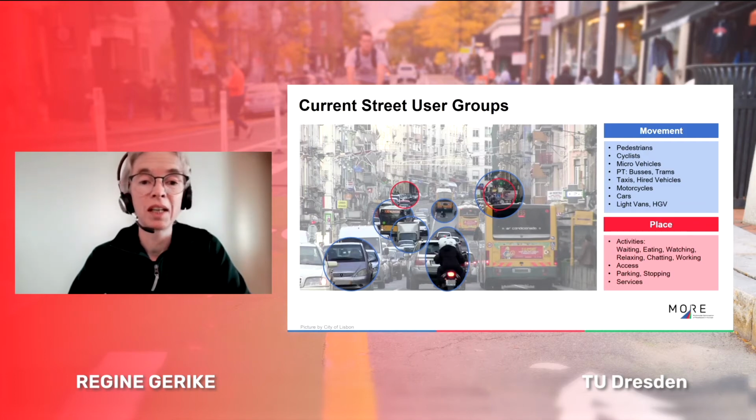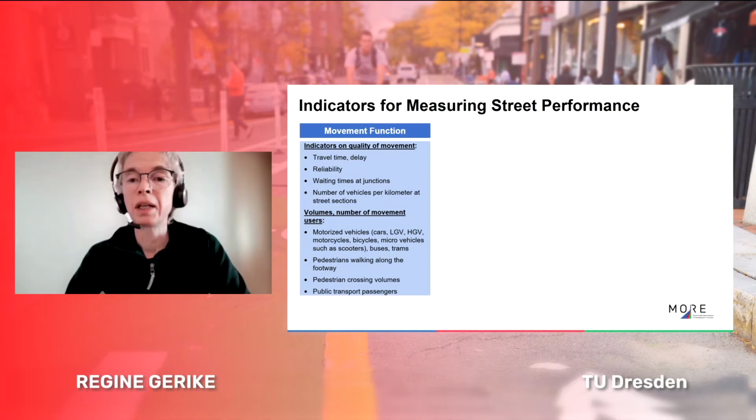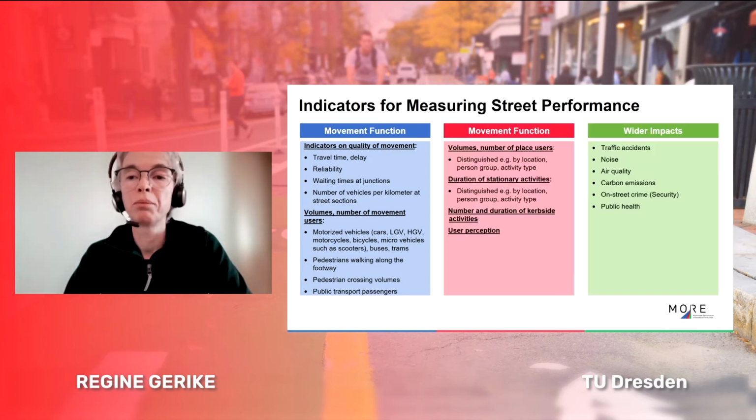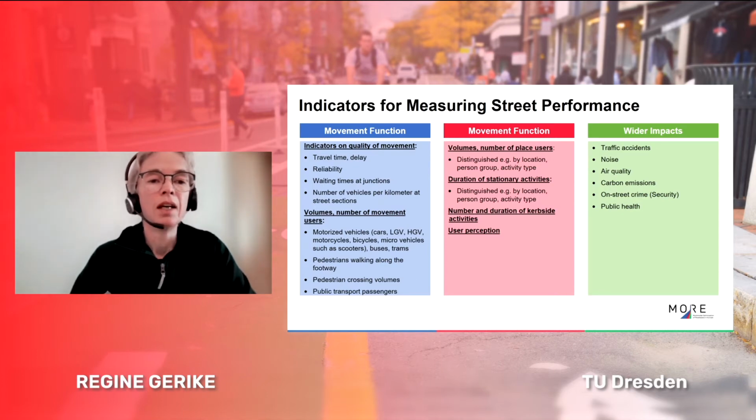And the next slide now shows how do we measure progress towards the different objectives. And we can just show the three pillars at once to save some time. So we have, again, the blue one, the movement function, the red one, this is the place function and not the movement function. And then we have the green one. These are the wider impacts. For the movement function, the target is quite simple.